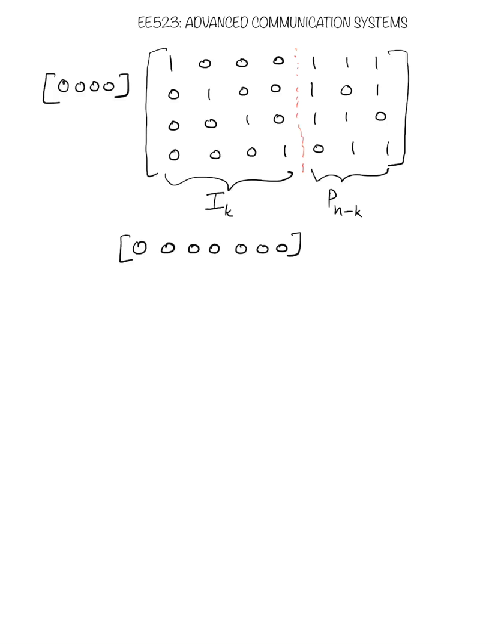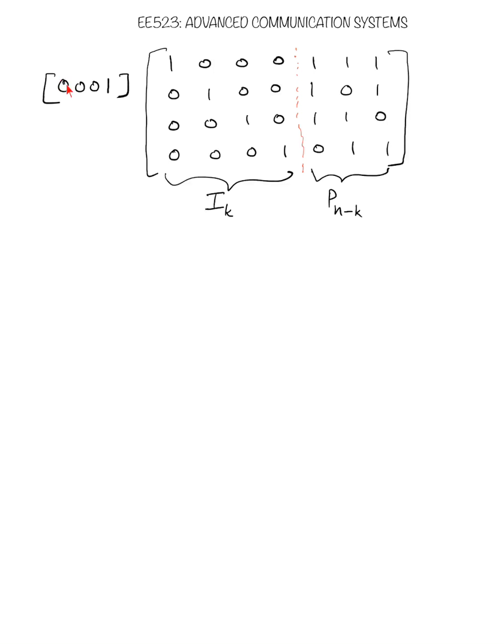Let me just erase this and write a 1 there. Let me change my ink. So 0 0 0 1, and we will make the computation again. Now when we multiply 0 0 0 1 with the generator matrix, what do we get?